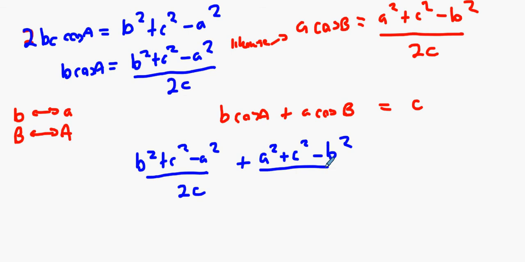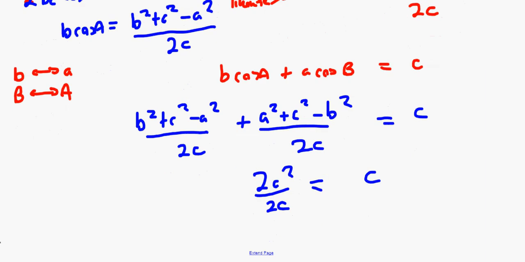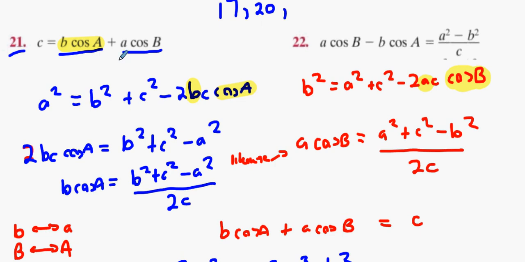Now, b squareds cancel, a squareds cancel, we end up with 2c squared over 2c equals c, and then we know that basically c equals c, which is correct. Alright, that one done. So 20 and 21 are done.